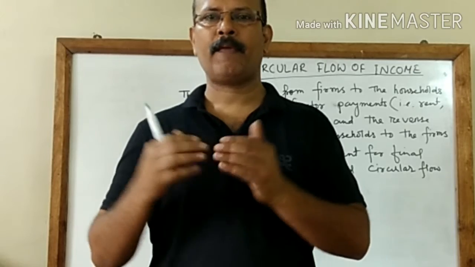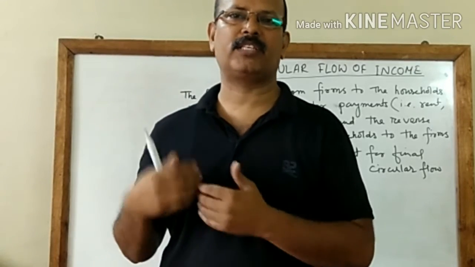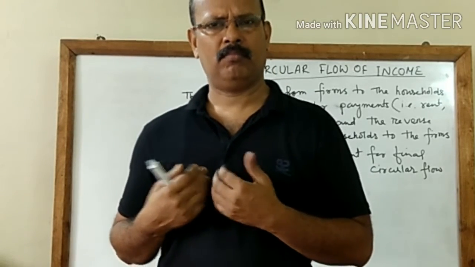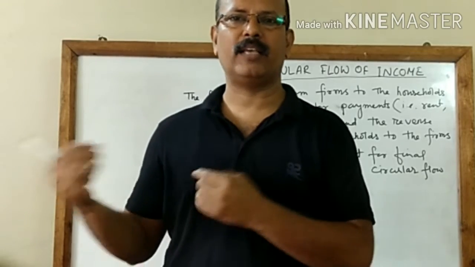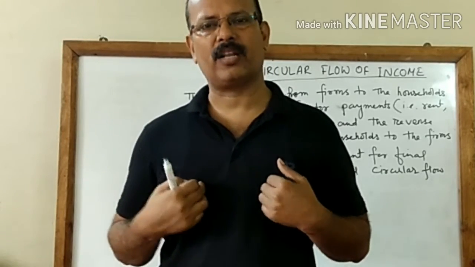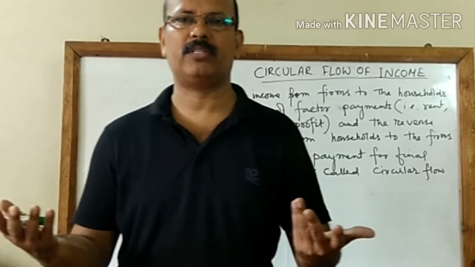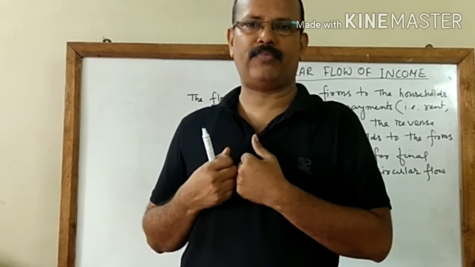Just for example, I am a factor. I am giving my services. I am selling services to my college. Even though I am a teacher, I am selling my labor. So in economics, a teacher, even myself, can be considered as labor because I am selling my services and getting the remuneration. Whatever income I get, this is my factor income.